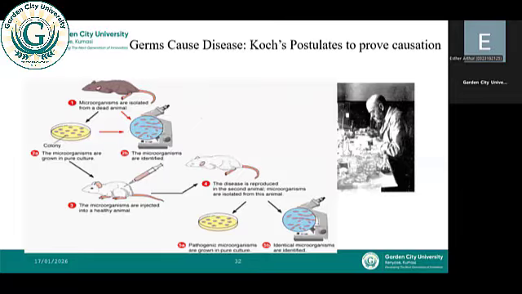So he was trying to establish causation of a disease. And at that time, there were some organisms that were causing deaths. So he had, in his lab, saved some of these microorganisms, these bacteria. So he had these lab rats or lab mice that they were using for experiments.